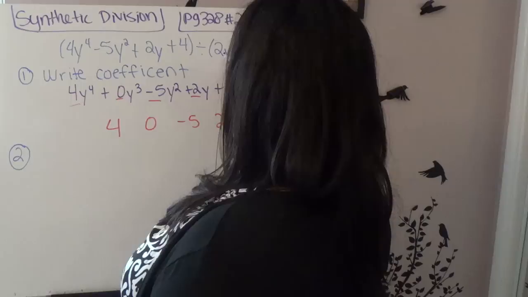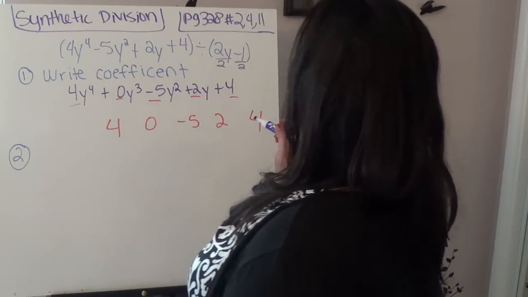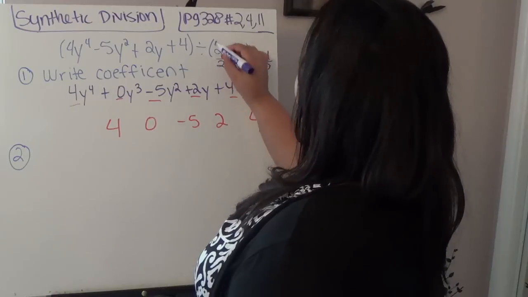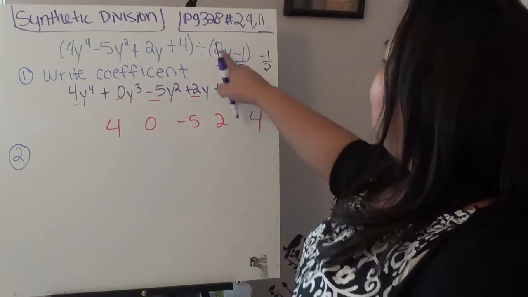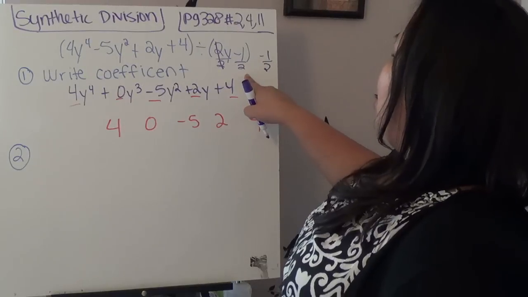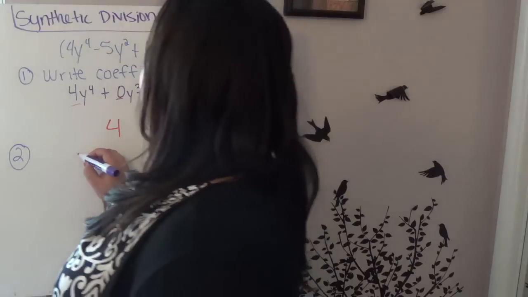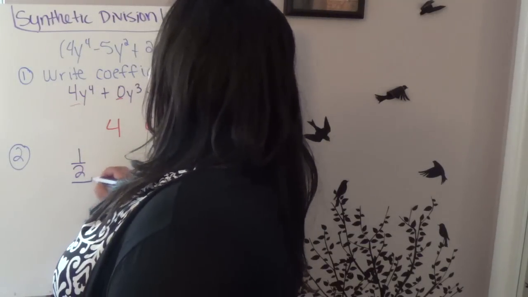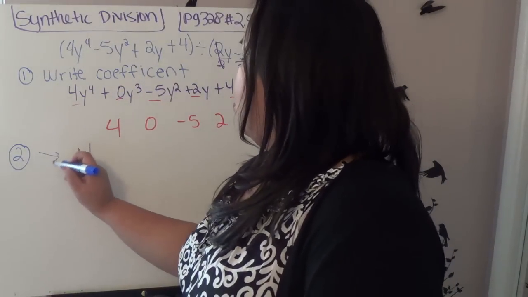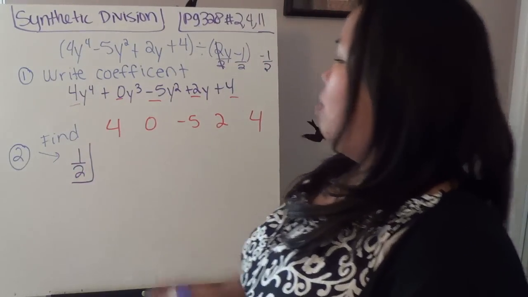I'm going to take this number and divide, so it's going to be negative 1/2 right here, because if I divide by 2, this cancels out. So whatever this number is, I divide so that it cancels out, and I'm left with it here. But I find the opposite. So instead of negative 1/2, I'm going to use positive 1/2. And that goes here. So step 2, I need to find this number right here.